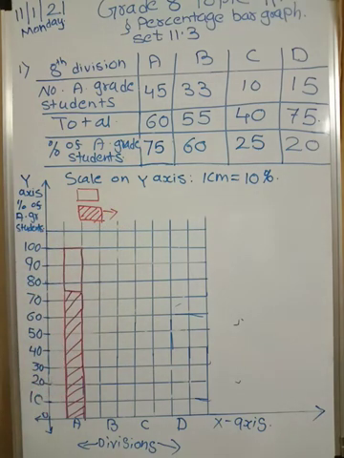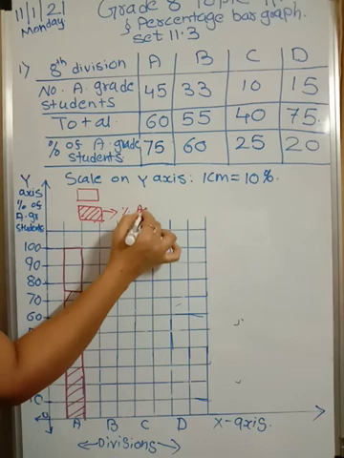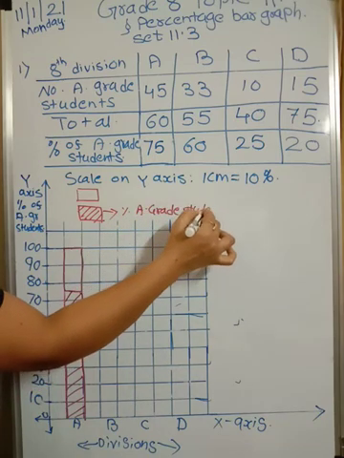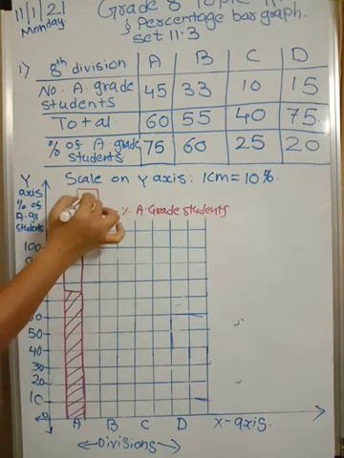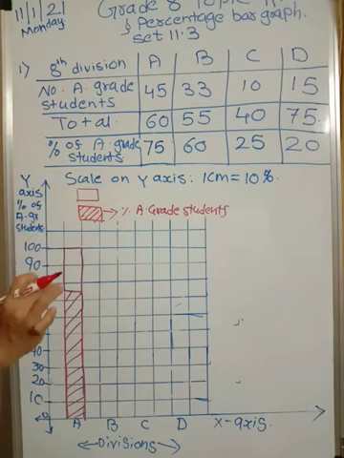It is the percentage of students who are securing A grade. Alright. So you may write this: this is the percentage of A grade students. Then what is this? This is the percentage of students who have not received A grade.